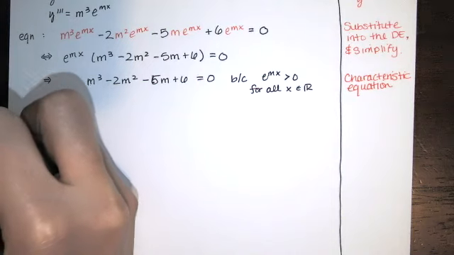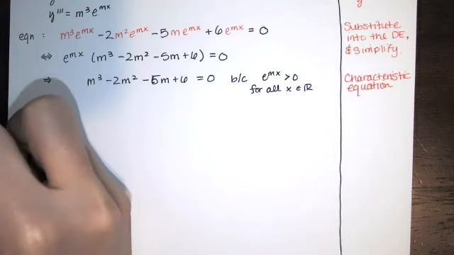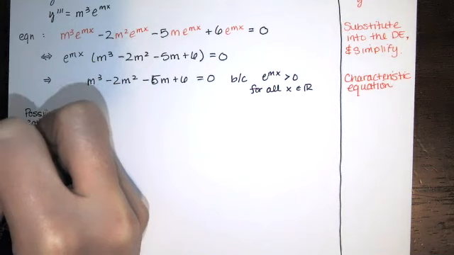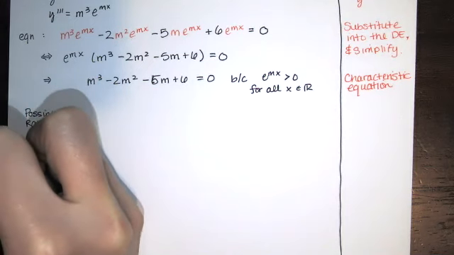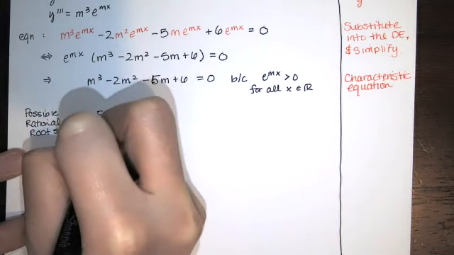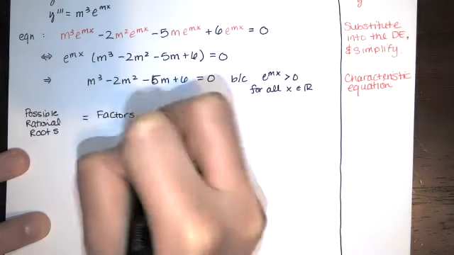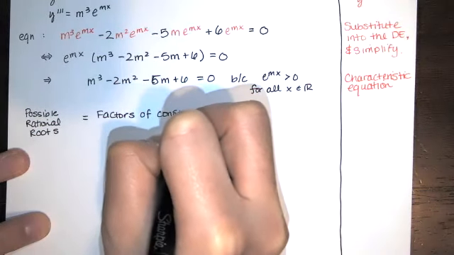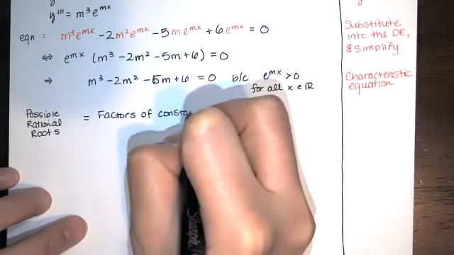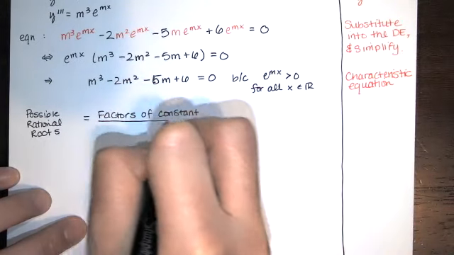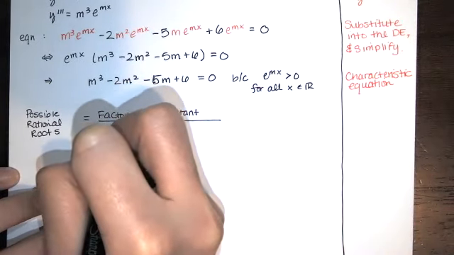So the possible rational roots of this third degree polynomial are given by the factors of the constant term divided by the factors of the leading coefficient.